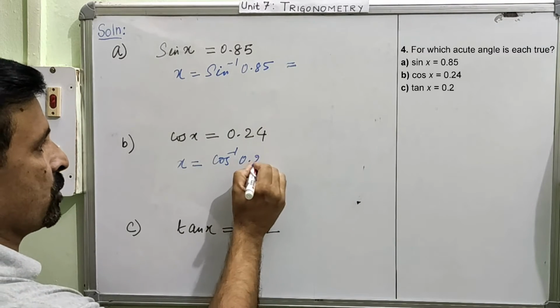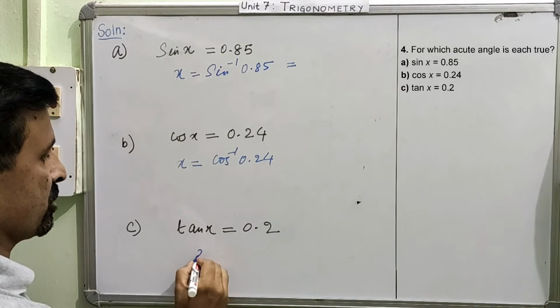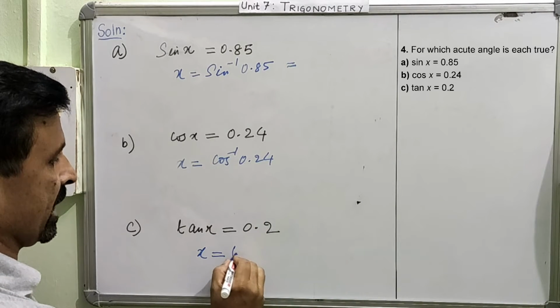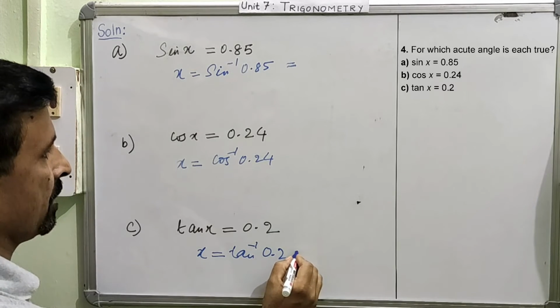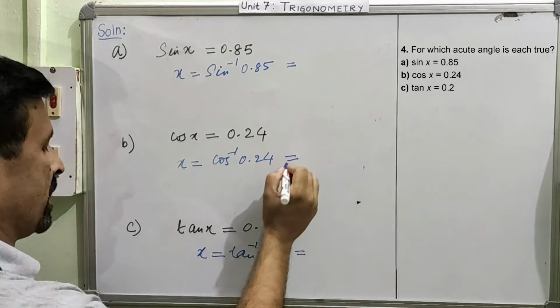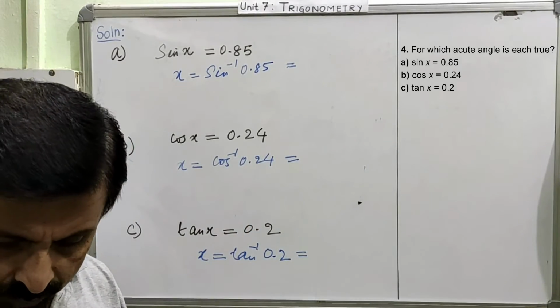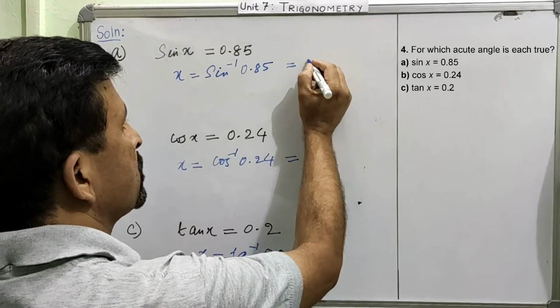And here also x is equal to tan inverse 0.2. Using the calculator, I calculated the value of the first.